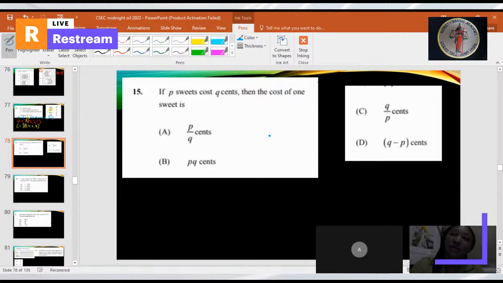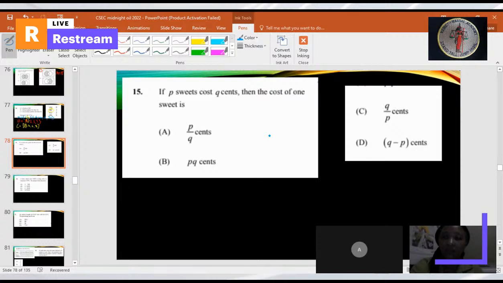So if I buy 4 sweets for, let's say, $8, the cost of one sweet would be 4 divided by 8. That's a half dollar.